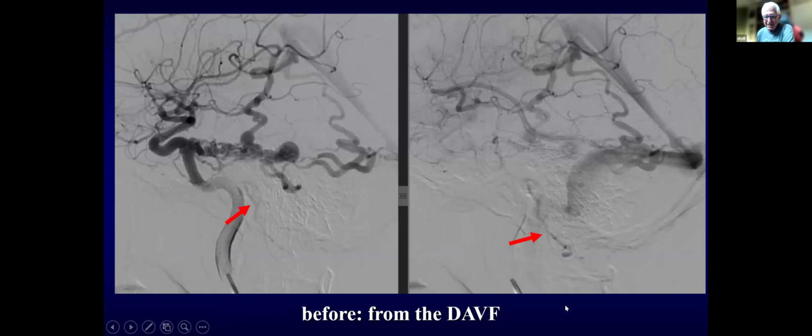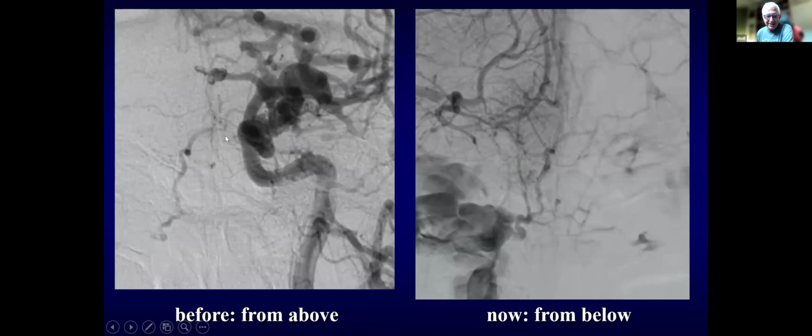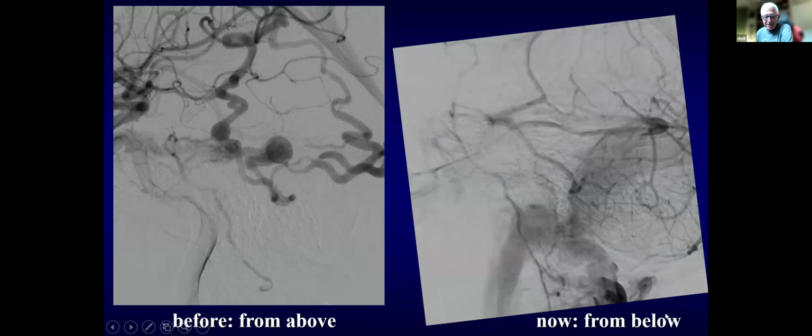See it here. This is the vein coming from the fistula and going towards the epidural side. So before we saw it from above, and now we see it from below. Of course, it's the same vein. Before from above, and now from below.